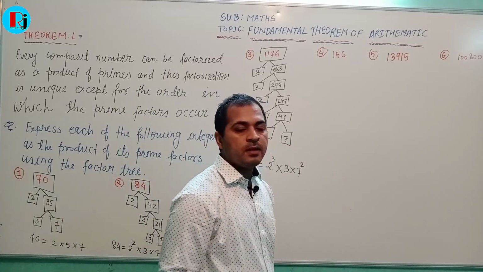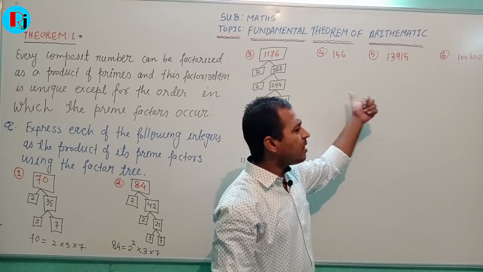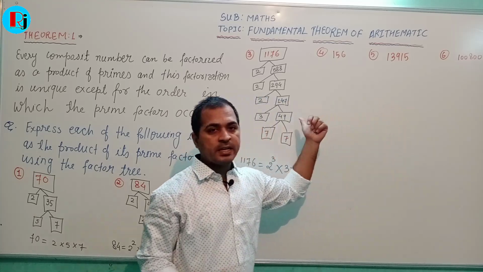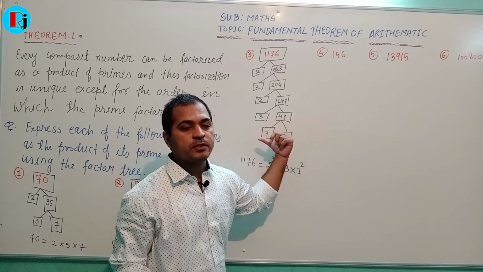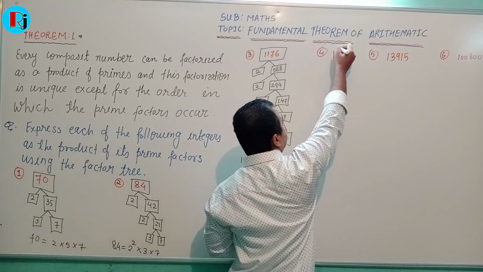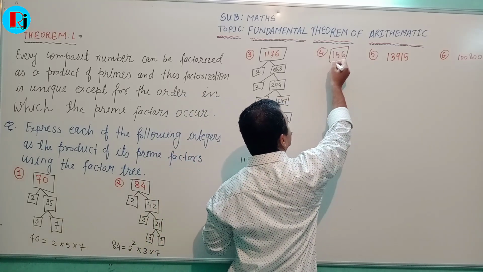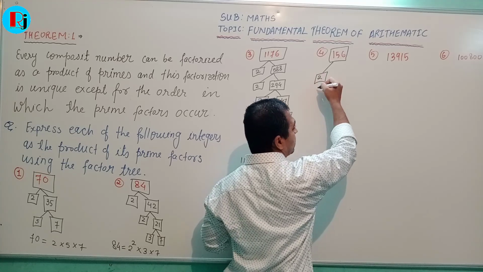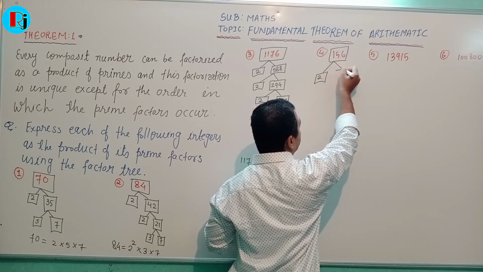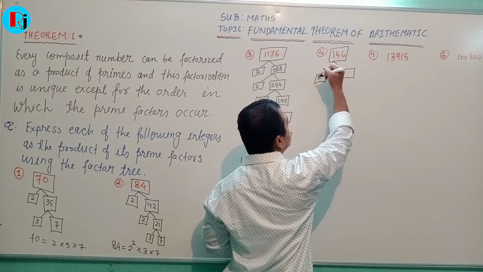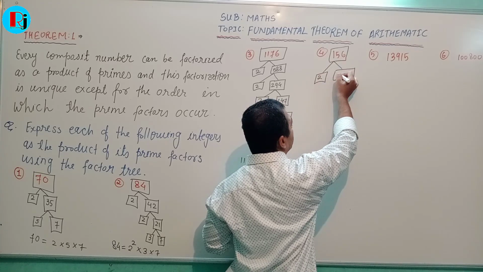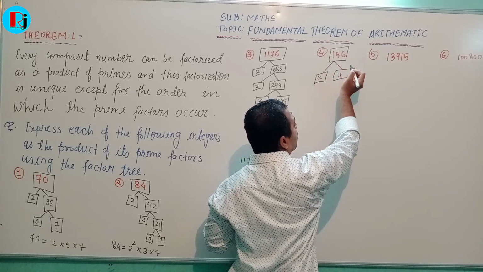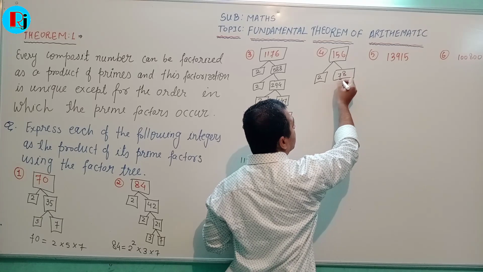156, students, all these things we have to practice as per the previous questions. So 156, factorize by factor tree. First of all it is to be divided by 2. Here we are getting 78.